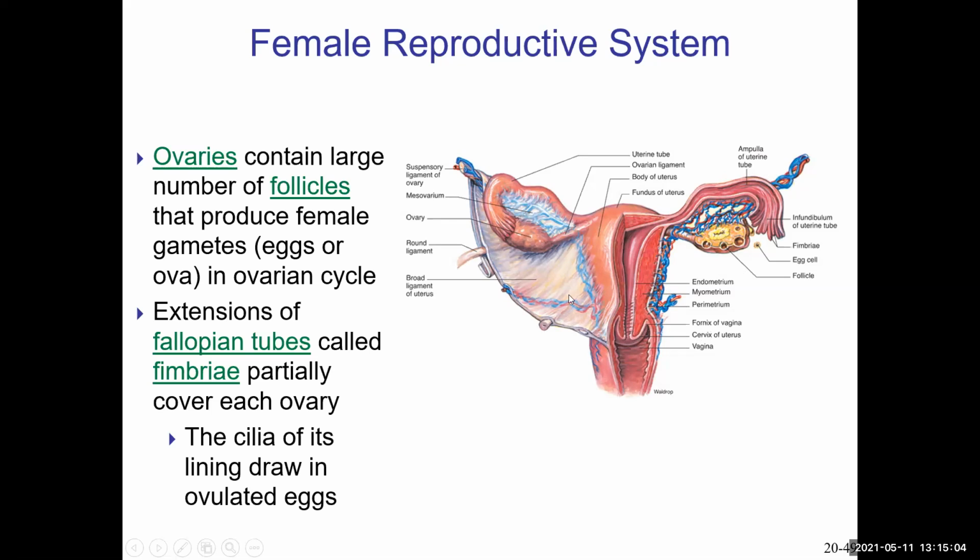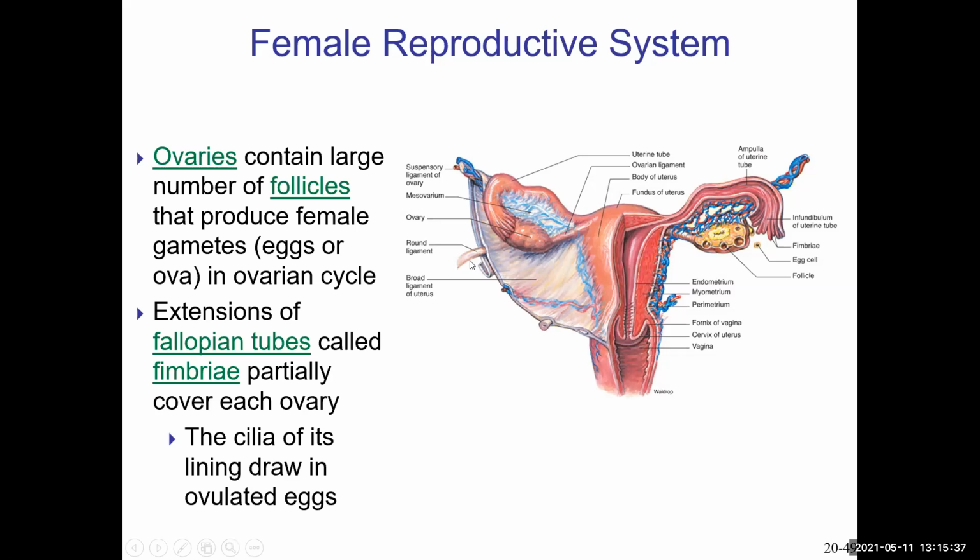What are those ligaments? This broad ligament is a double layer of peritoneum, which is holding pretty much everything: the fallopian tube, the ovary, the uterus, the blood vessels. And it attaches the uterus to the lateral side of the pelvic cavity.